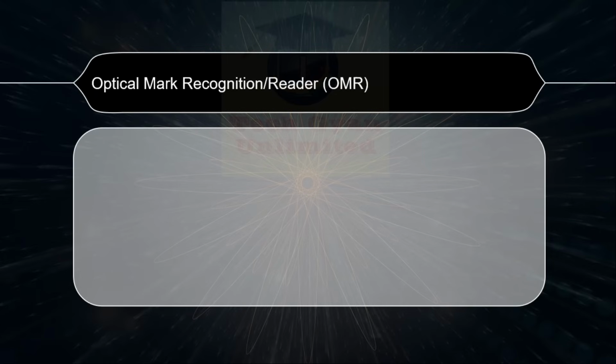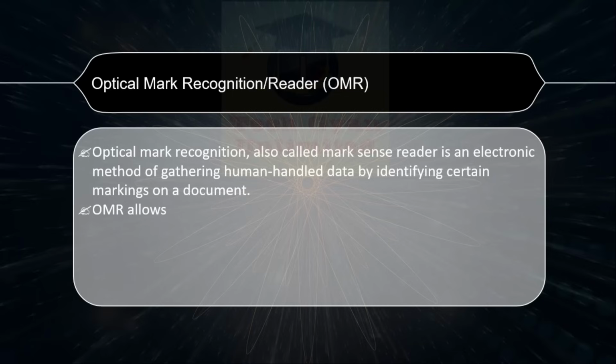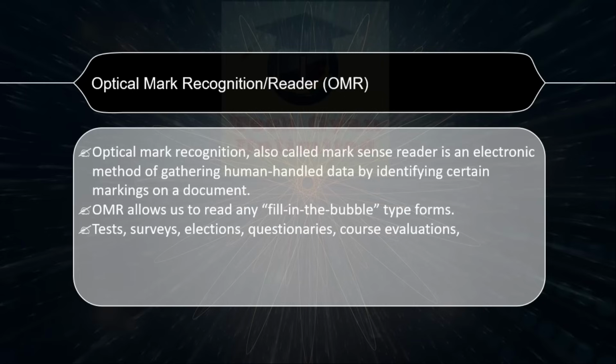Let's discuss about optical mark reader or optical mark recognition. Optical mark recognition, also called mark sense reader, is an electronic method of gathering human handled data by identifying certain marking on a document.